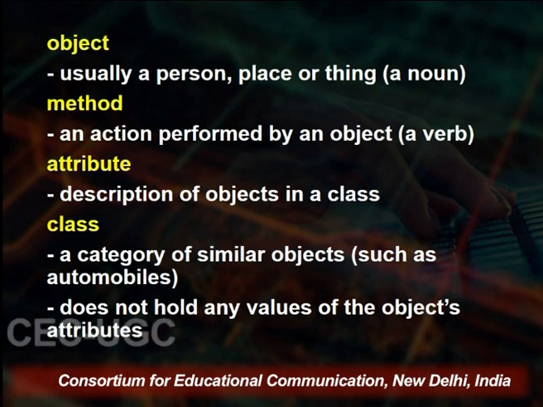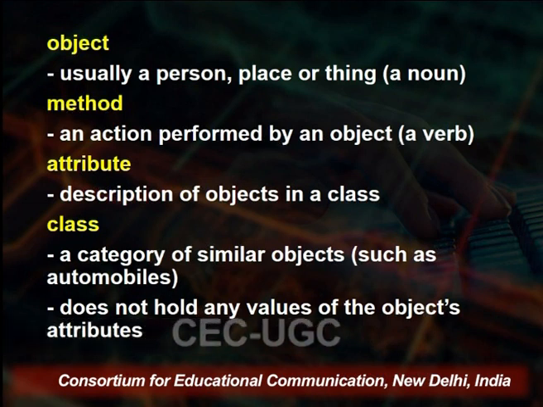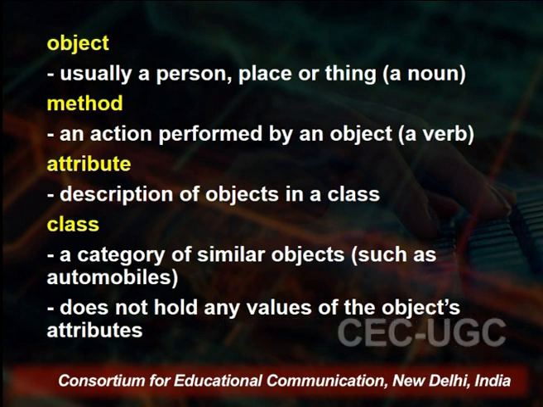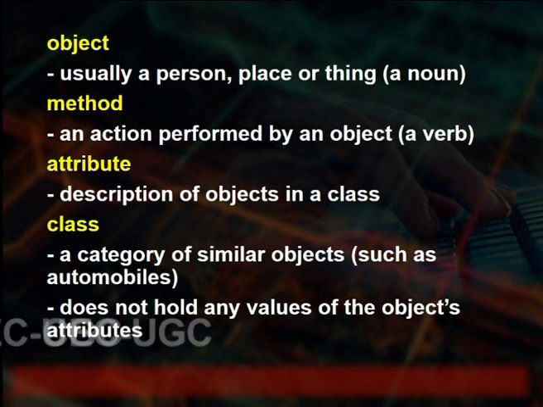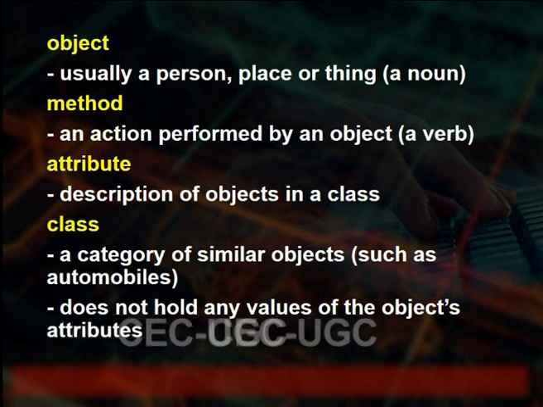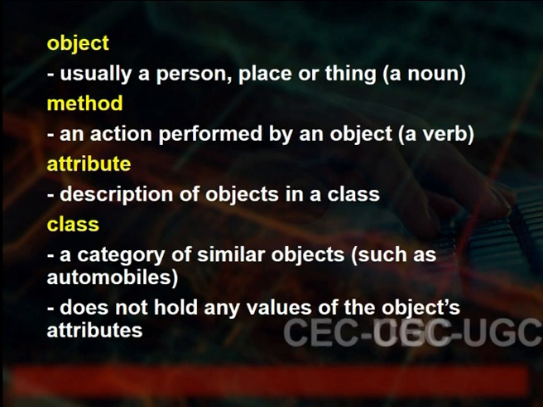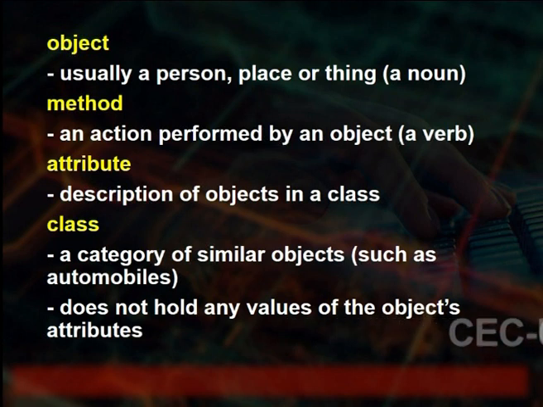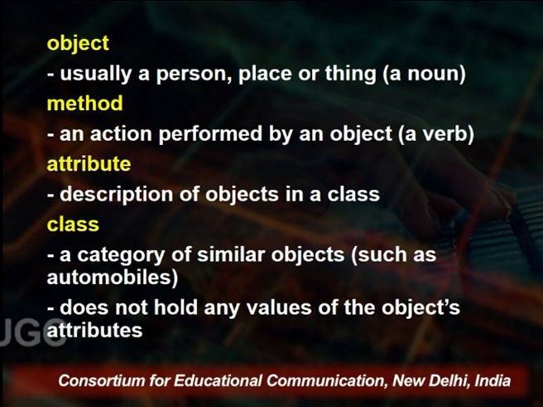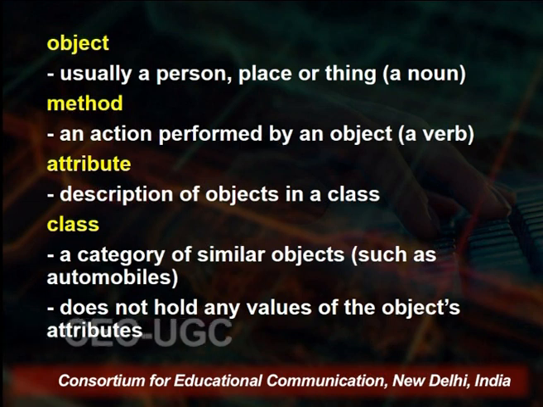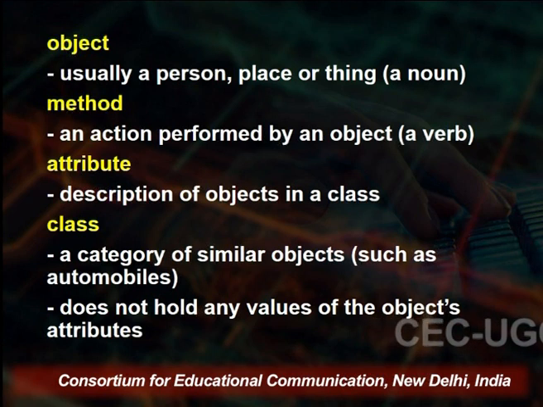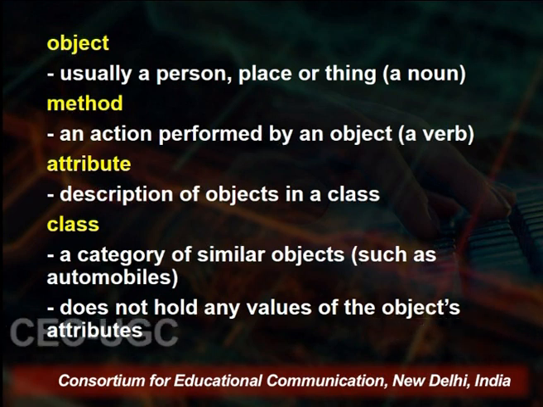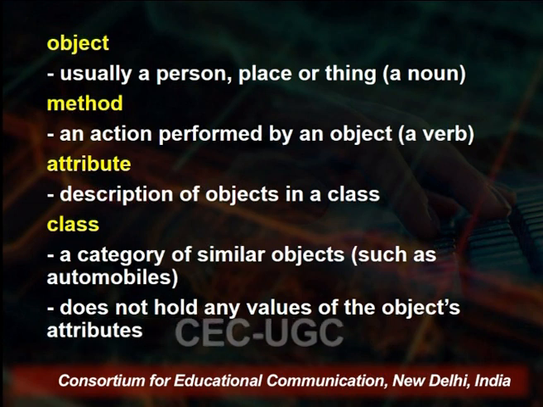All these descriptions of the object are modeled as attributes. Now let's say this car is doing something, like a verb is being performed, an action is being performed by an object. That action of running or applying brakes are examples of two methods for which we need to code the data.